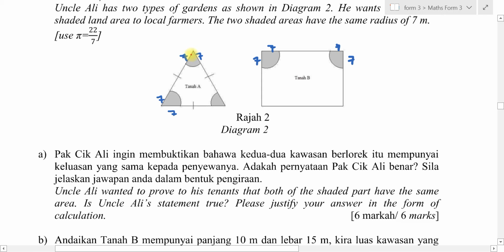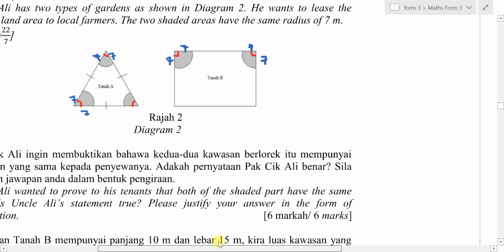Equilateral triangle, we all know it is 60 degree, right? 60 degree. Okay? And if it is a rectangle or square, the vertex is 90 degree. We all know that. Okay? Let us see whether his statement is true or not.